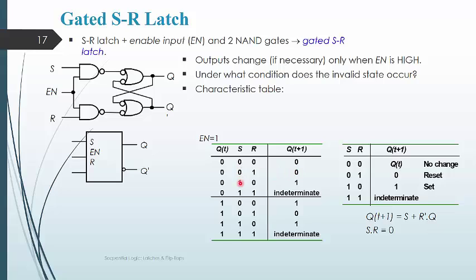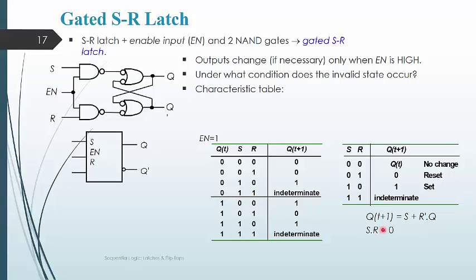Next, S is 1, R dash is 1 but this Qt is 0. So S is 1, 1 ORed with 0, the resultant is 1. In the next state, S is 1, R dash will be 0, 0 ANDed with 0 is 0 and that 0 is ORed with 1.